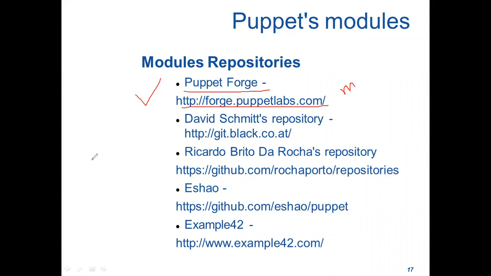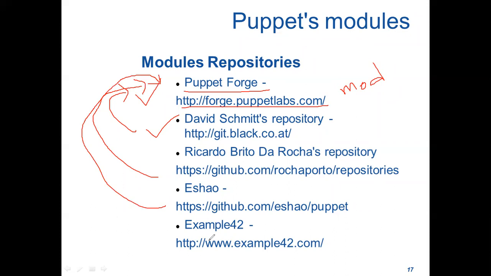We also have the Dave Schmidt repository, but now it is integrated with the official Puppet Forge. We also have the Ricardo Brito repository. This is also now integrated into Puppet. And another one is also there, that is also integrated. And there are some sites if you want to know more about those modules, more about those manifests. There are a lot of sites available.